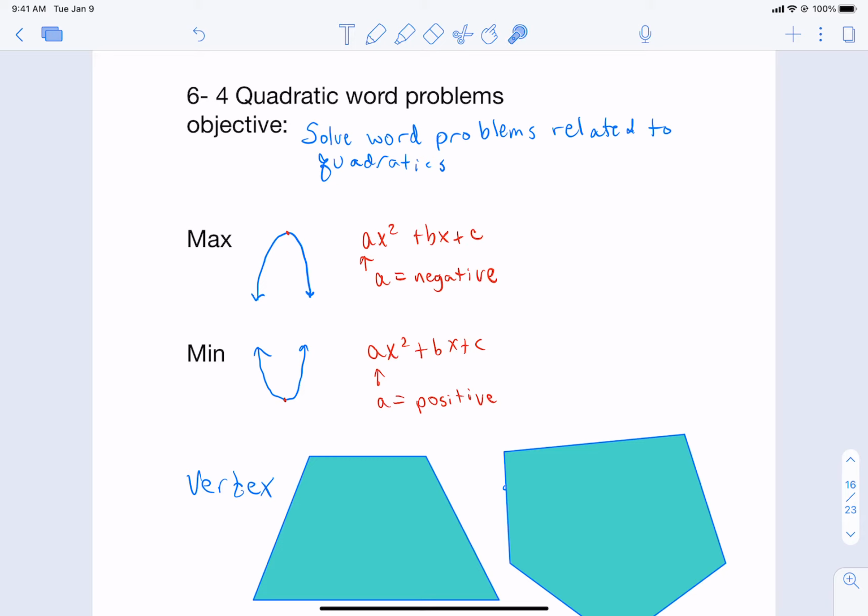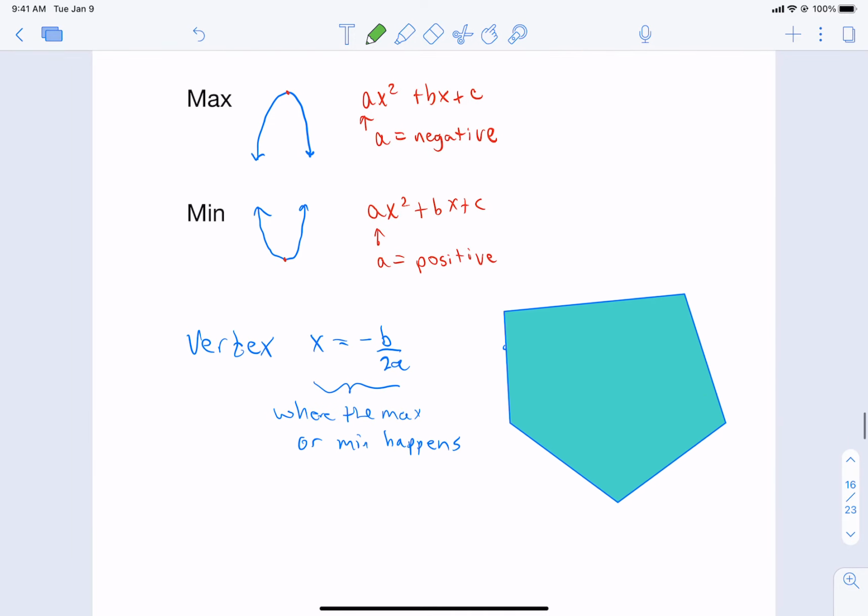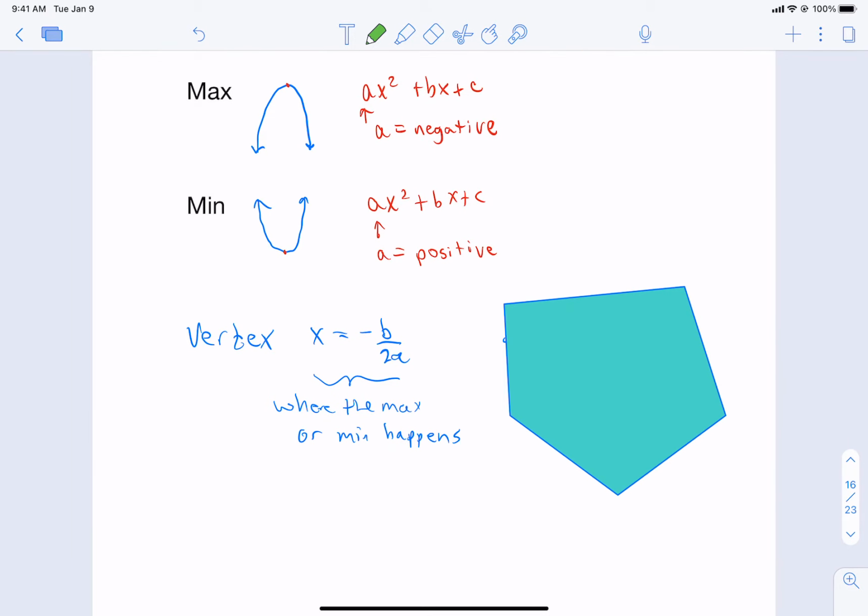So when we were graphing them in 6.1, that vertex was super important. And we found that vertex by doing negative b over 2a. Now, negative b over 2a is where the maximum or minimum happens. It's not necessarily the maximum or minimum value.